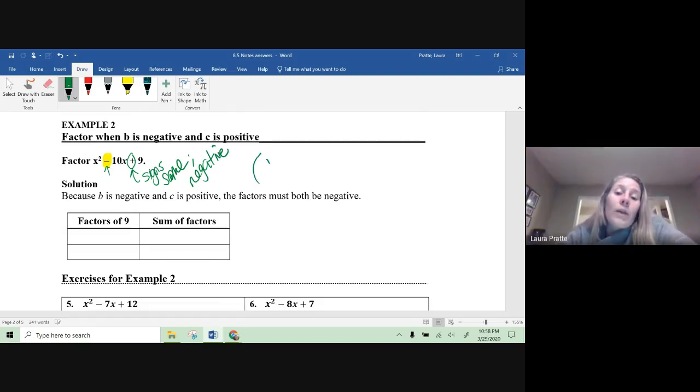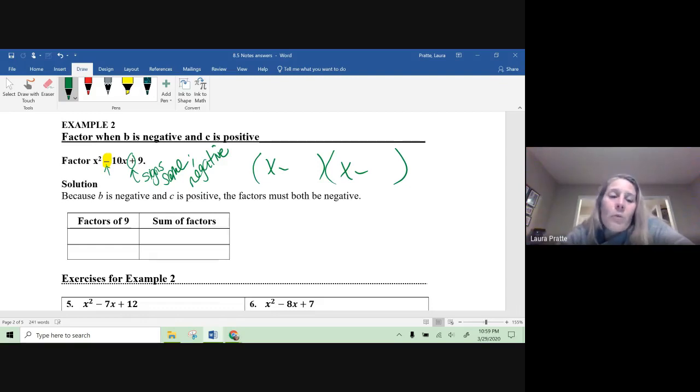So some people right away would like to set up their parentheses x minus, x minus. I usually like to put my signs in at the end just because I kind of mentally check it to make sure it's going to work out as I do it. But if you realize that it's a negative in the middle and a plus at the end, then you can just do minus, minus.